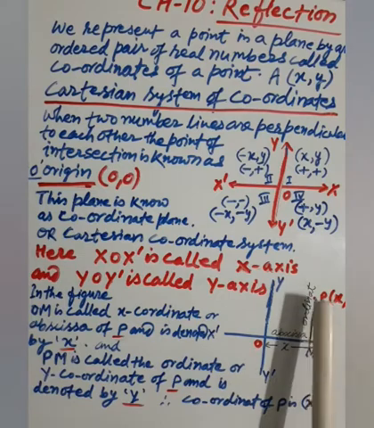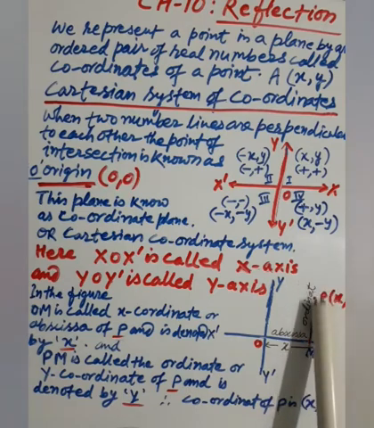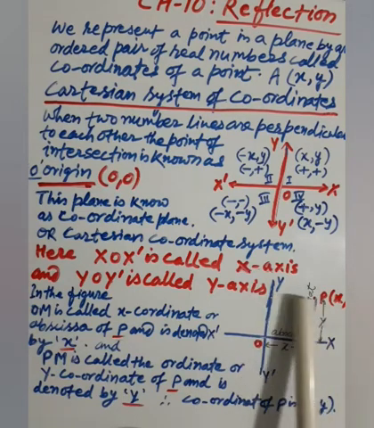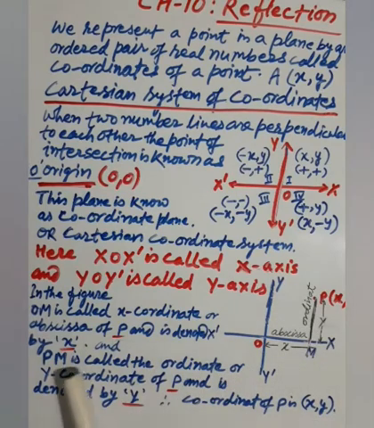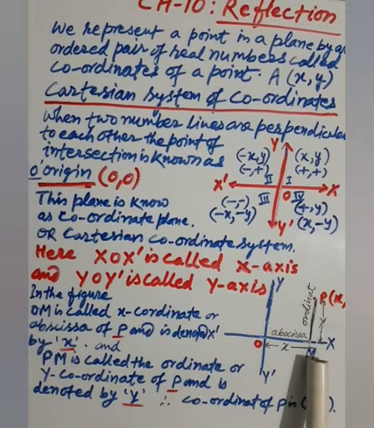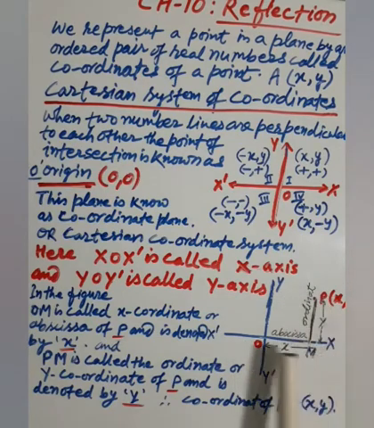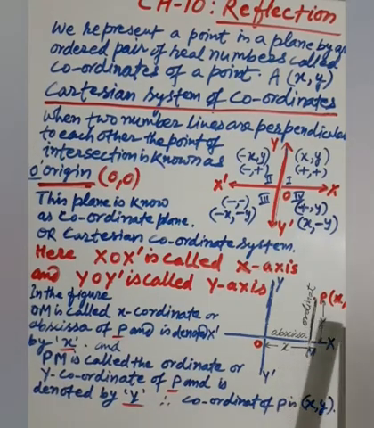From here to here it is x, and from here to here it is y. So the coordinates of P will be (x, y). PM is the ordinate and OM is the abscissa, that is the values of y and x. Therefore the coordinates of P are (x, y).